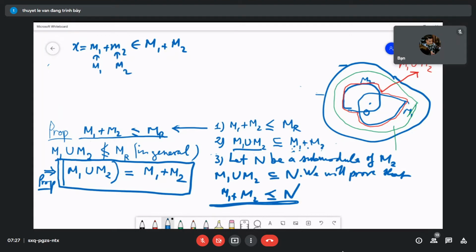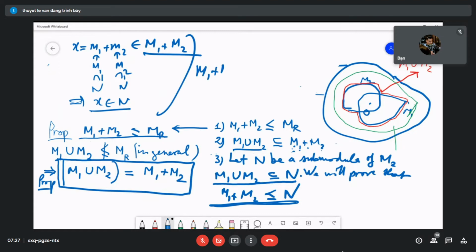But you can see here, M1 union with M2 is in N. So m1 is in N, and m2 is in N, so the sum is in N. So this will follow x in N. So all elements here are in N, so M1 plus M2 is a submodule of N.